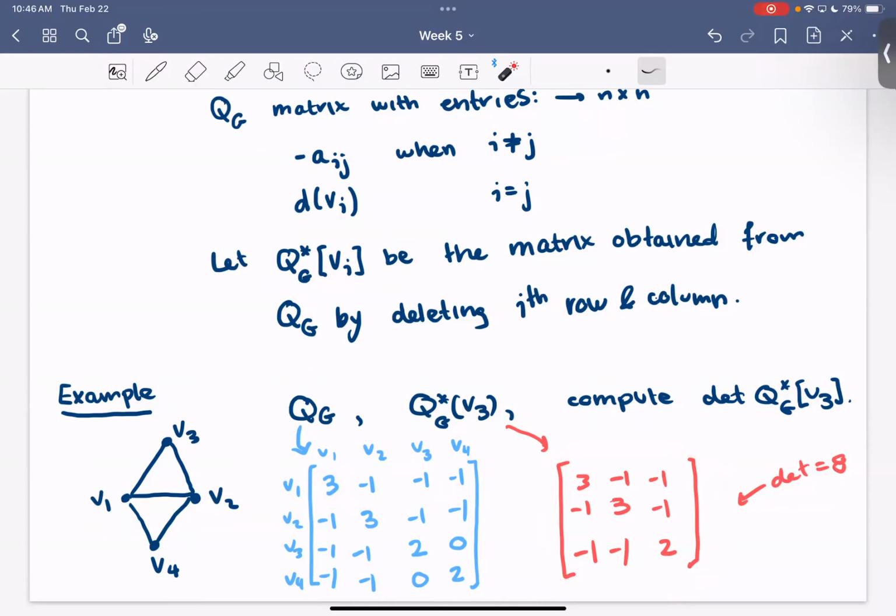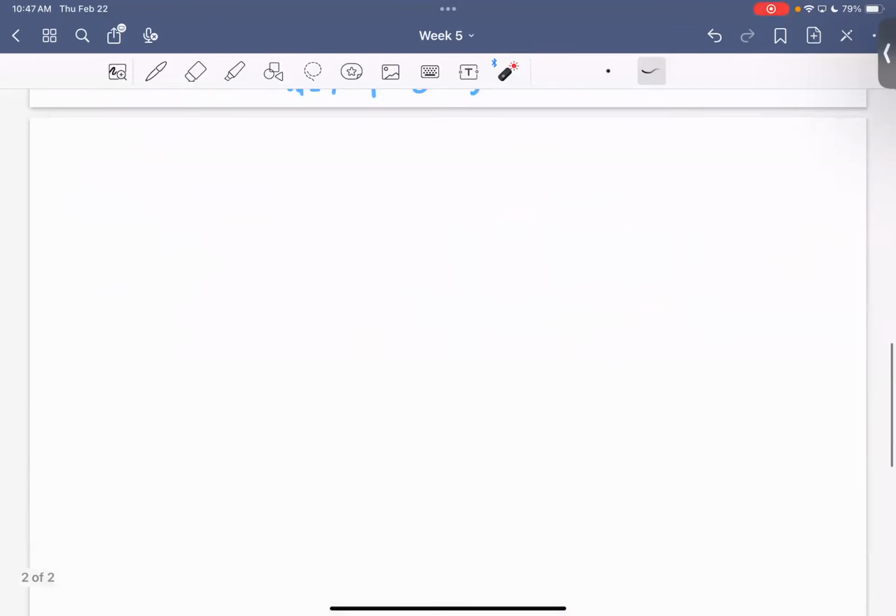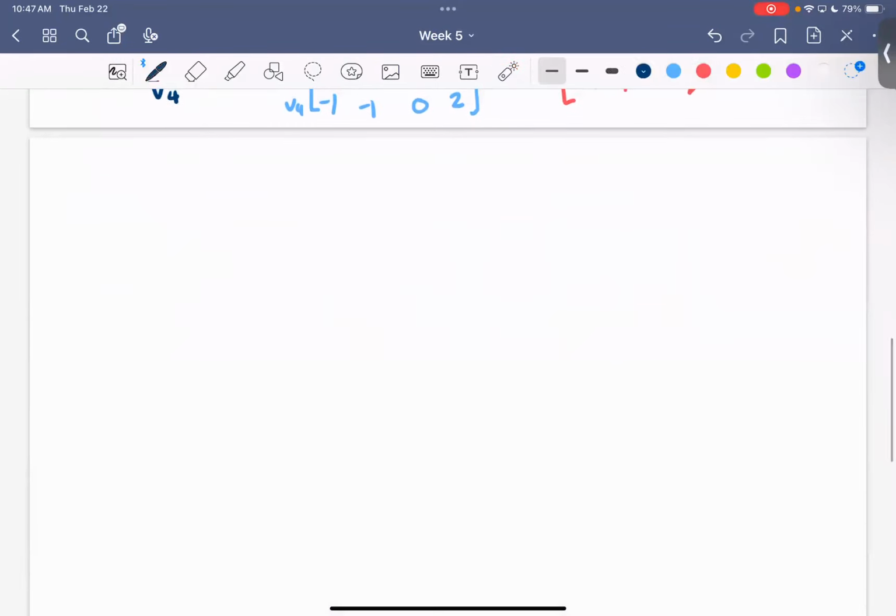Are there questions up to this point? Okay, then let's do the matrix tree theorem. So this is called the matrix tree theorem.